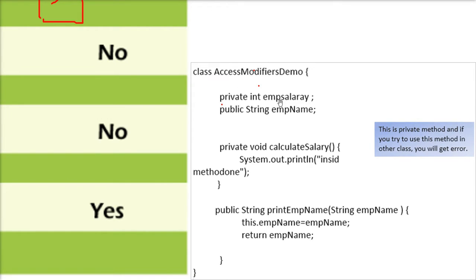There is an integer variable with private access, an employee name with public access, and a function with private access. All the inside material can be accessed by anyone inside the class. Outside the class can only access the public material. The inherited class can only access the public and protected variables or functions.